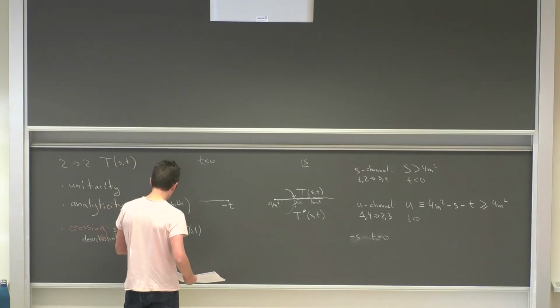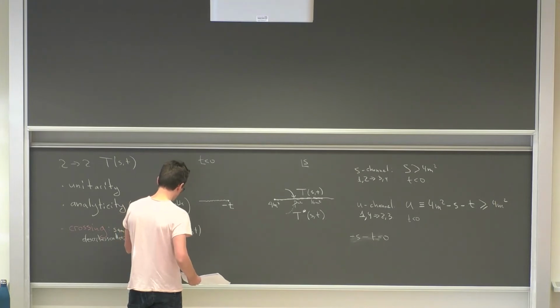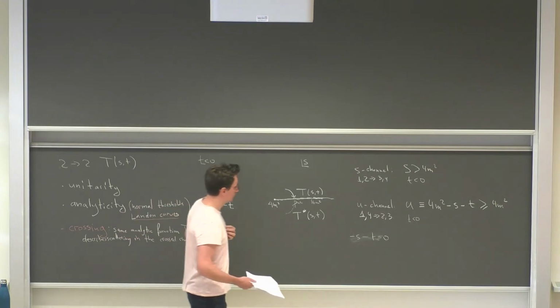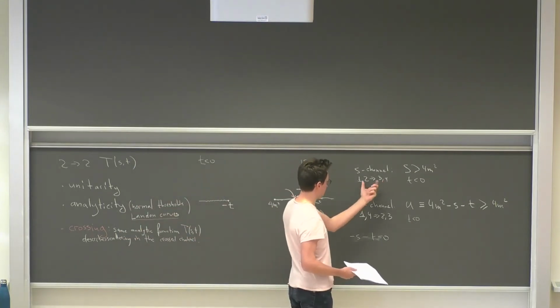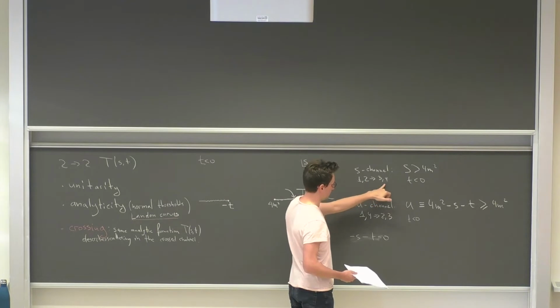Crossing means the operation where you take a particle in the initial state and move it to the outgoing state, and you take one in the out state and move it to the initial state.